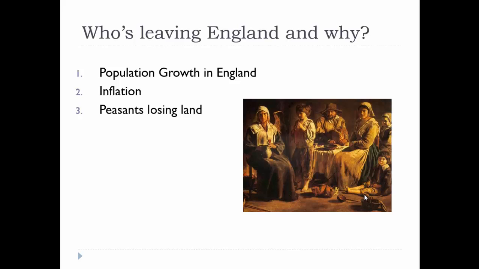The third one I mentioned already, and this is probably the one that's more connected to the individuals who will go to the southern colonies and to Jamestown, is a massive movement in England that's pushing people off of their land. Peasants, poor people, rural people are losing their land all over England. This had to do with the growing industrial emphasis in England and the need for wool for the textile industry.